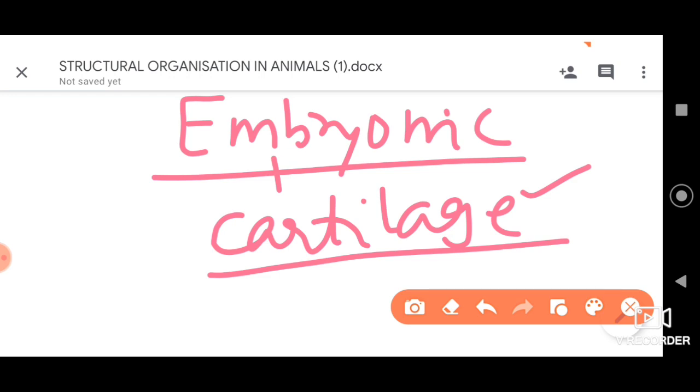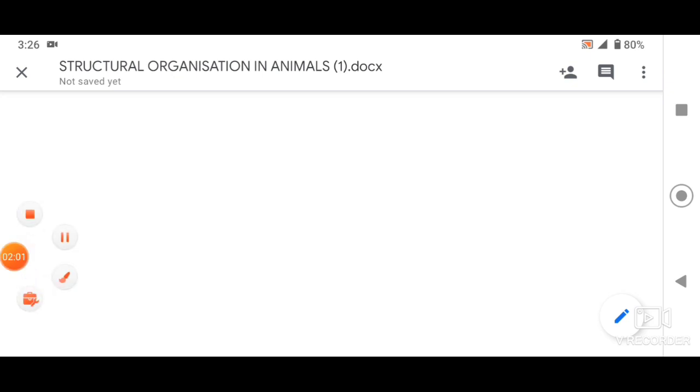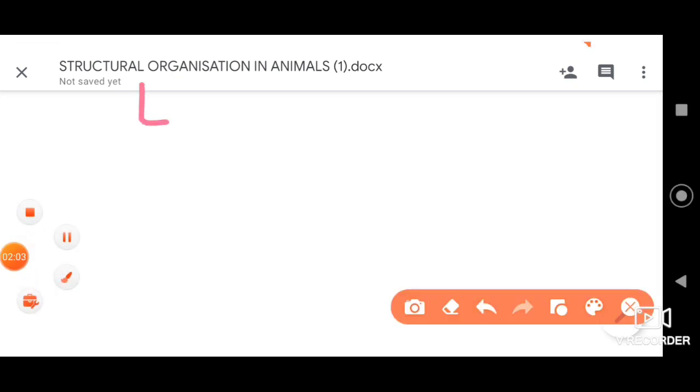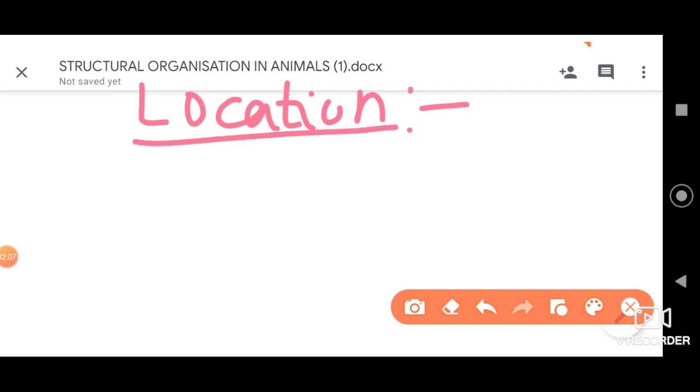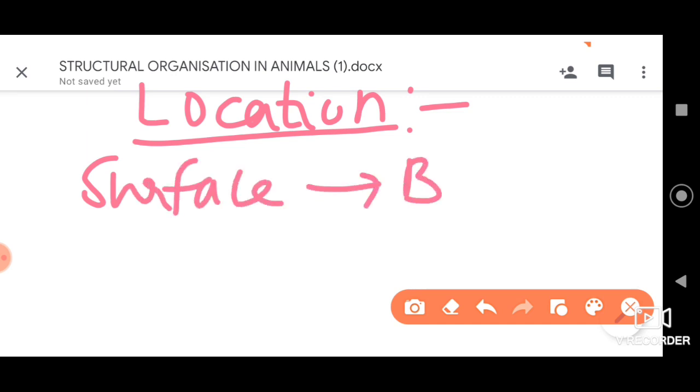Note this point. And coming to their location, where do we find this cartilage? In many places, in many regions of our body, we can find this cartilage. For example, on many bone surfaces, where generally the attachment of bones occurs, there we can find this.